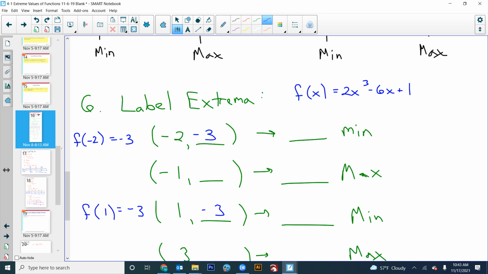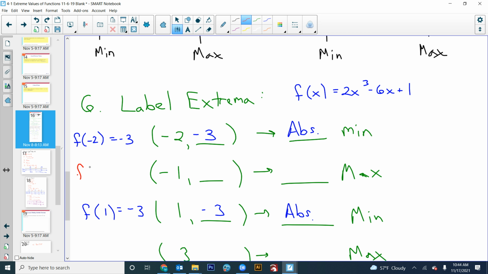They're both the lowest on the graph. They're both the absolute minimums. It's a tie. Aren't they both the lowest points on the graph? Absolute min. Absolute min.